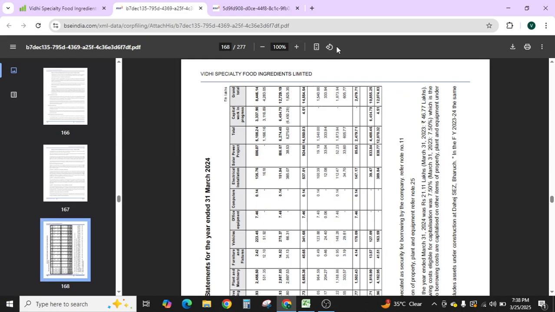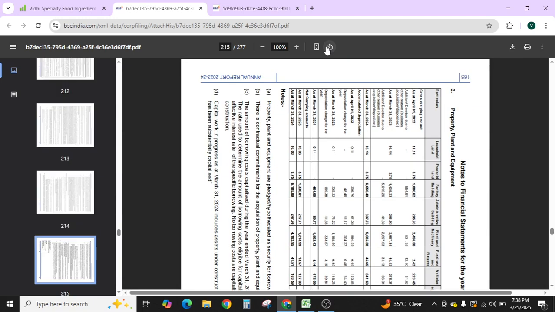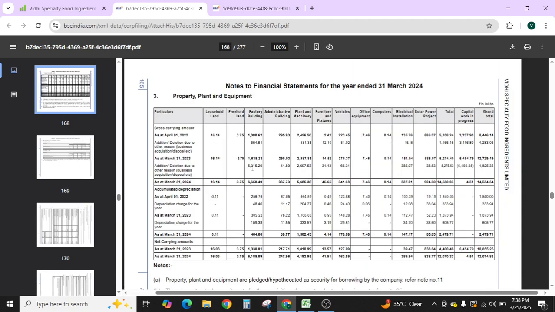Yeah, here it is. This is known as asset schedule. If we look here, their depreciation charge for the year for FY23 is given. So total is 605.77. Now we will go in PNL. The depreciation for the year, you can look here, is 605.77, and this will not be accumulated depreciation.